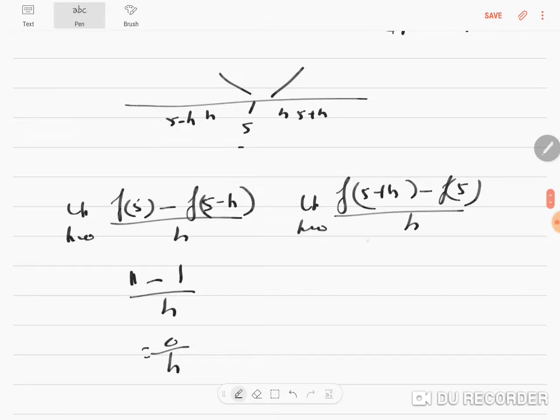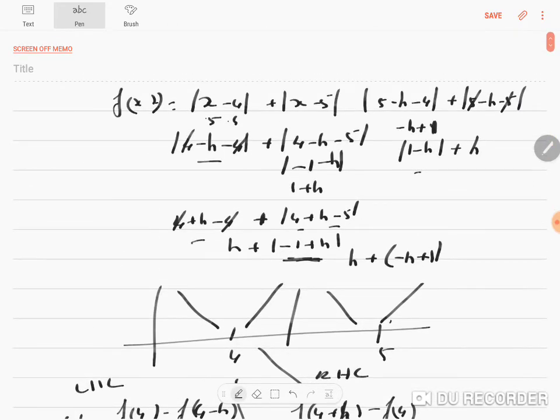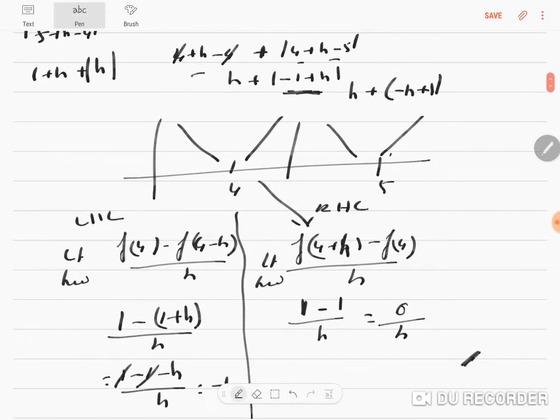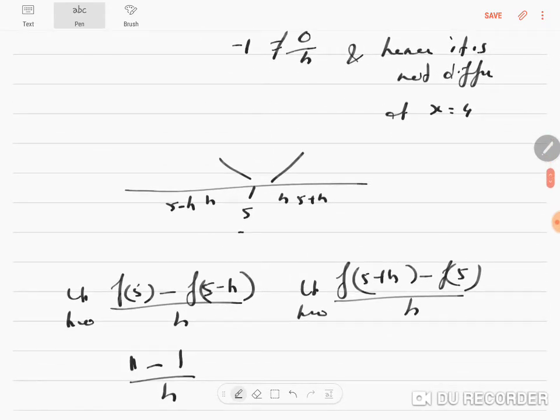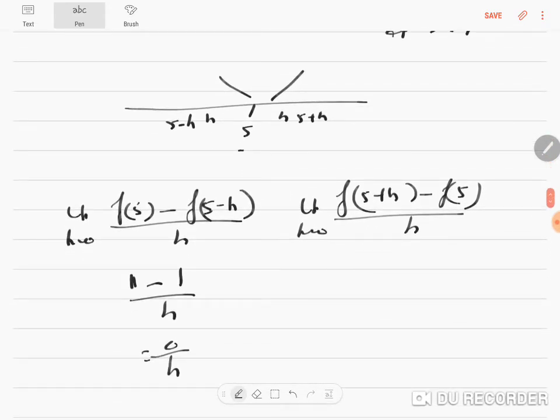Now look at this, 5 plus h. What is f of 5 plus h? Substitute in the question: 5 plus h minus 4, which is 1 plus h, plus mod of 5 plus h minus 5, which is just h. So mod of h, and then 1 plus h plus mod of h.